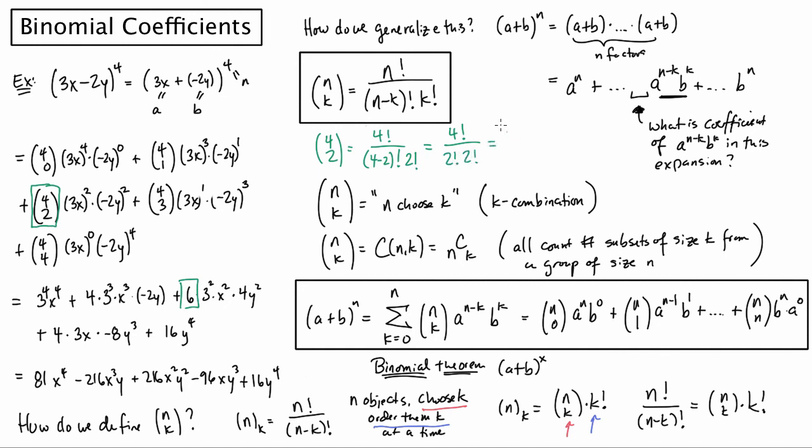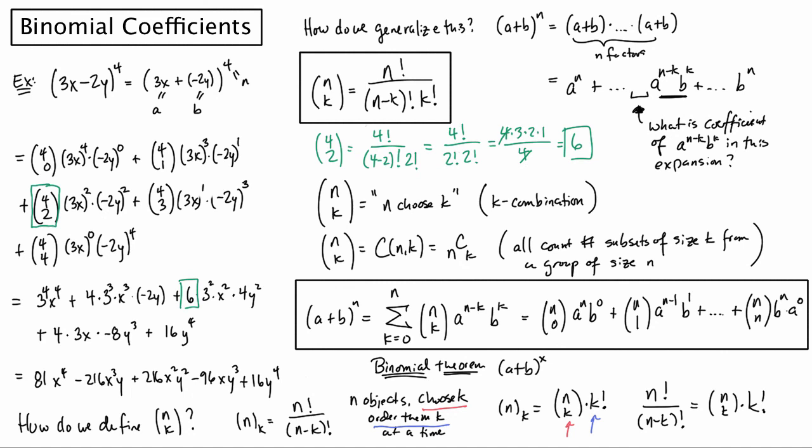So the way that factorials work, this is 4 times 3 times 2 times 1, and this is 2 times 2, which is 4. Canceling the 4's, 3 times 2 times 1 is 6. And so 4 choose 2 is indeed 6.